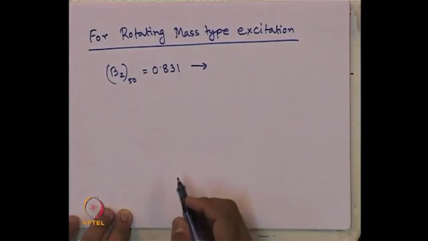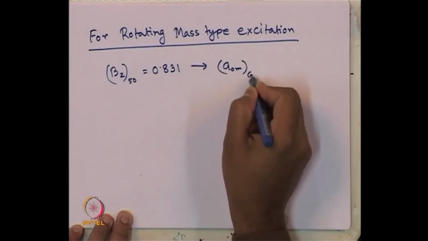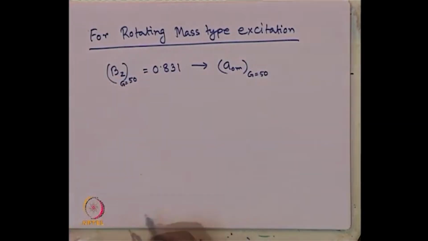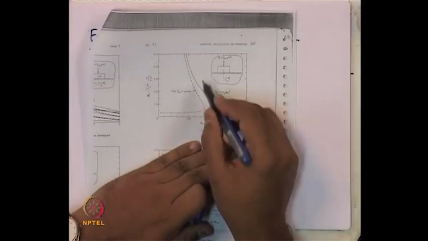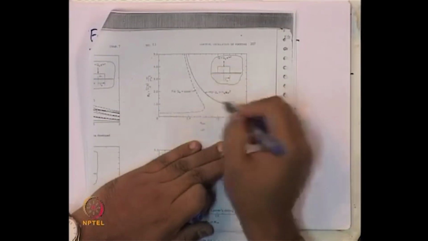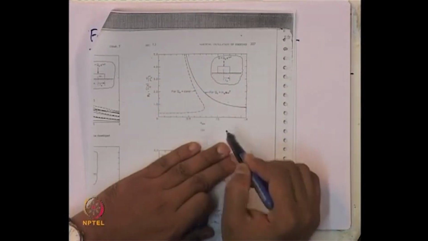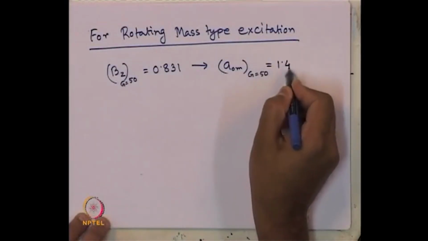From the design chart, A naught m for this g equals to 50. Let me show the design chart again. Now, we are going to read this solid line. From this solid line, Bz corresponding to 0.831, we will bring it here and drop it and read the value. I am reading it about 1.4.